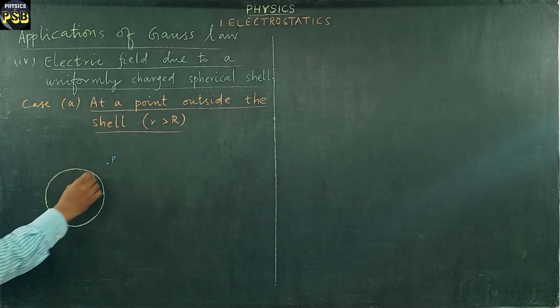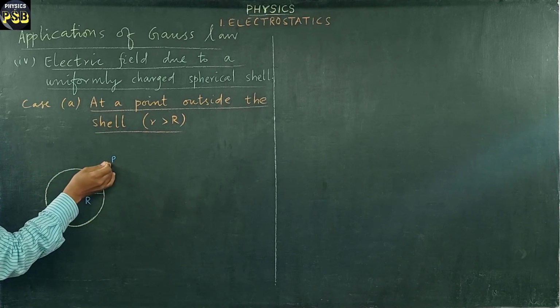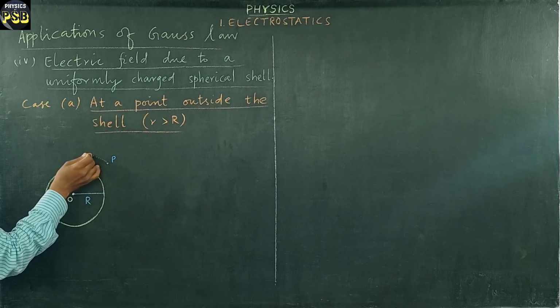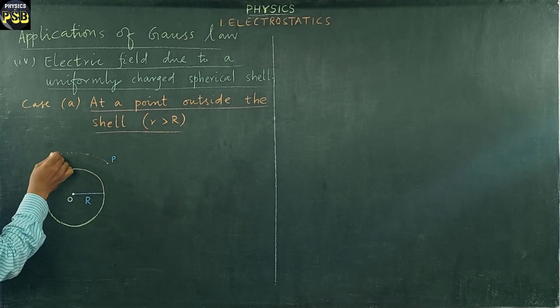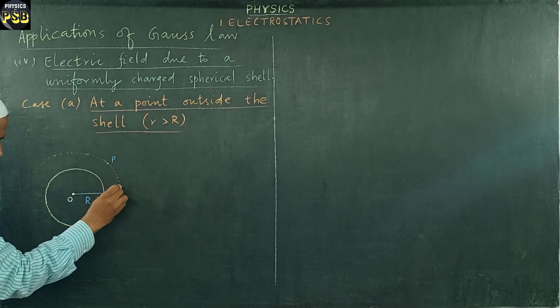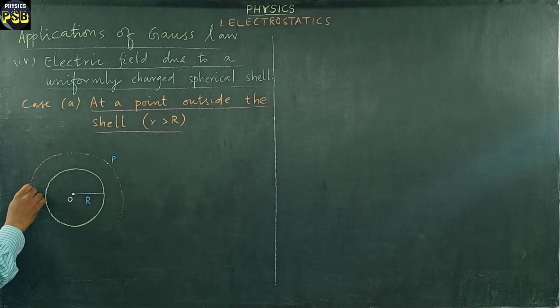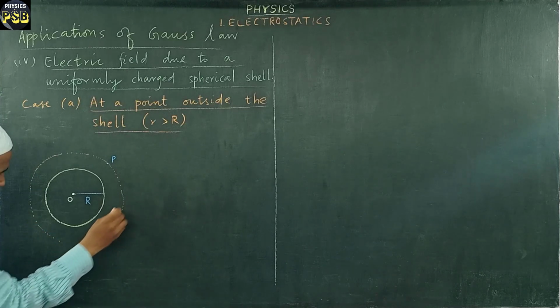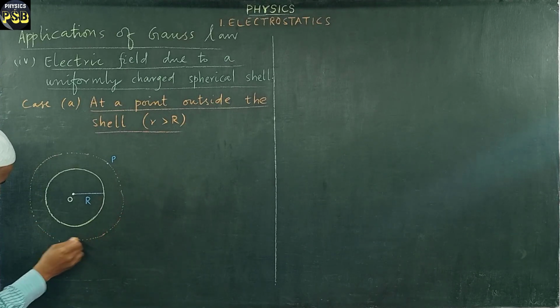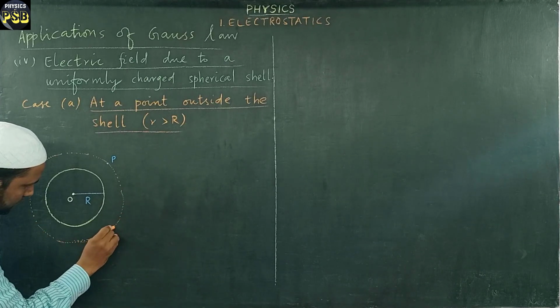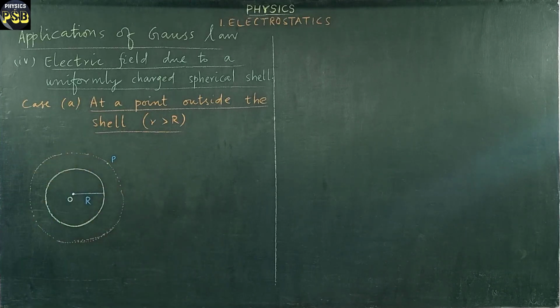Now I draw a sphere which encloses this charged shell. This sphere that I have drawn now passes through point P.